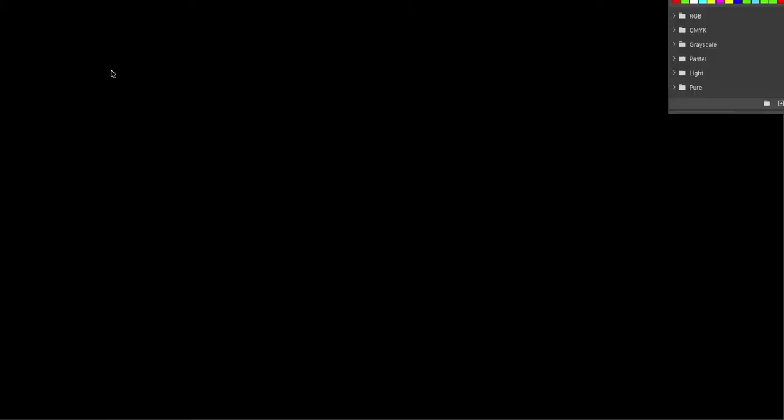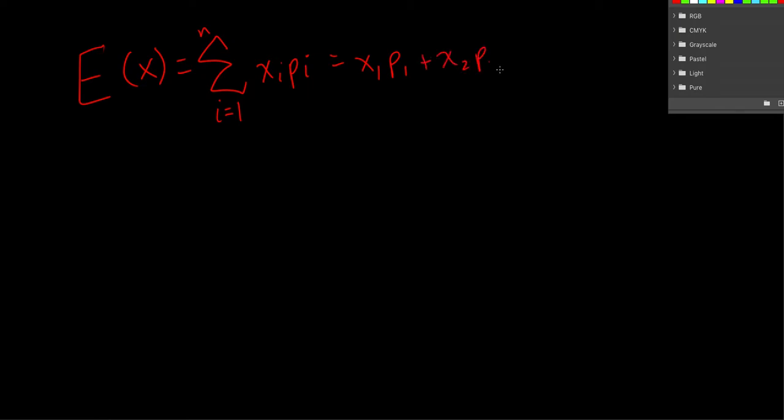Hey math kids, today we're going to talk about expectation, and the expected value of x is given by this formula, which is essentially just x1 p1 plus x2 p2 dot dot dot xn pn.